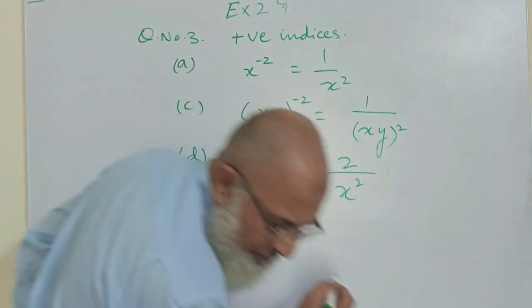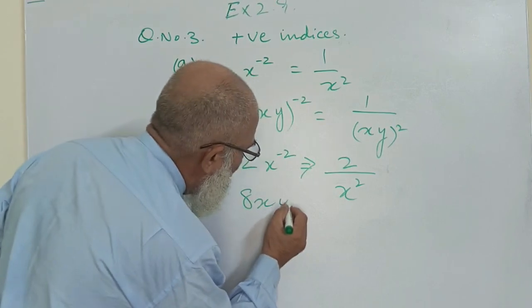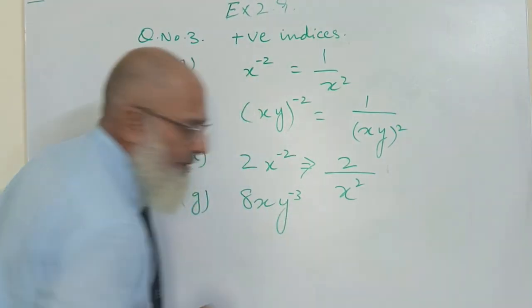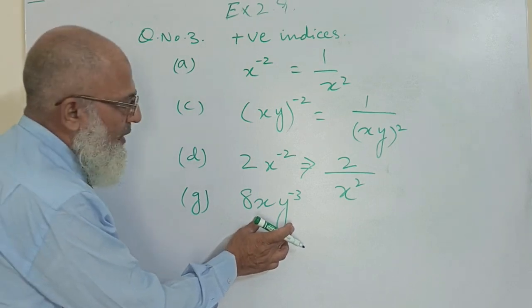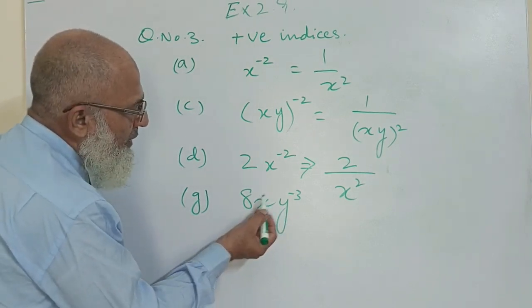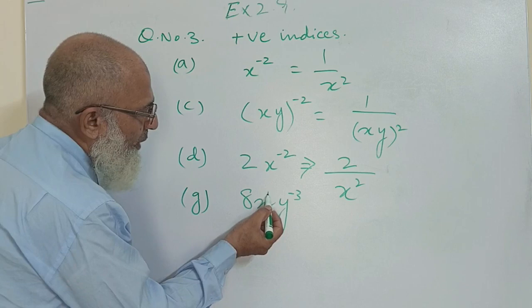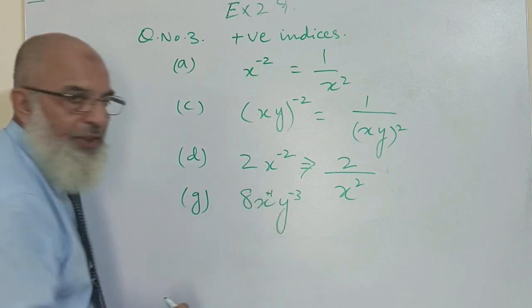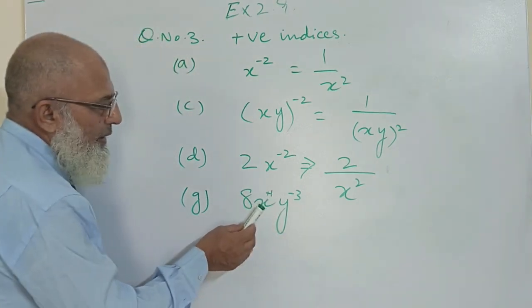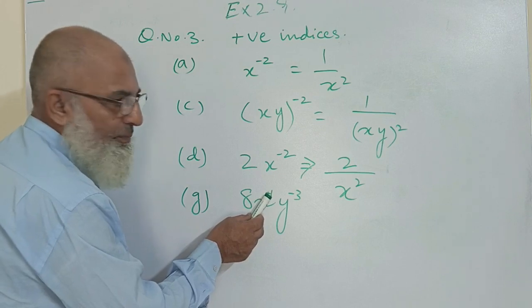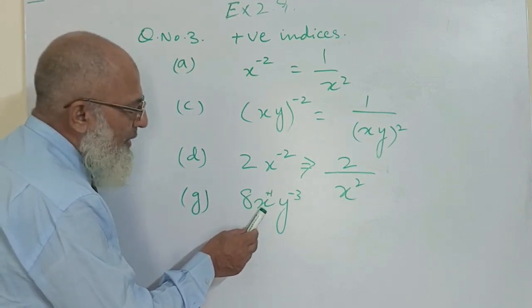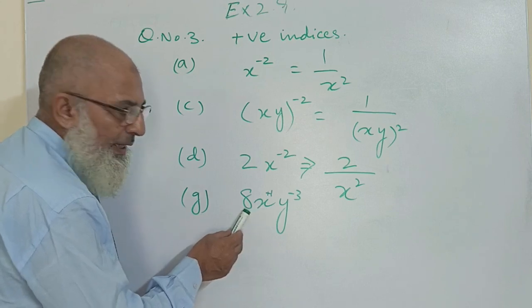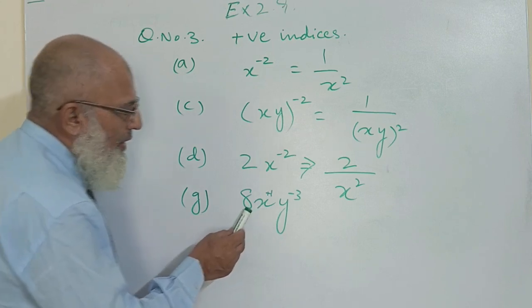8x y cube with the minus sign. So you see that there are two variables here. Now this variable has a power which is positive, so we don't have to change this x, and the coefficient also.